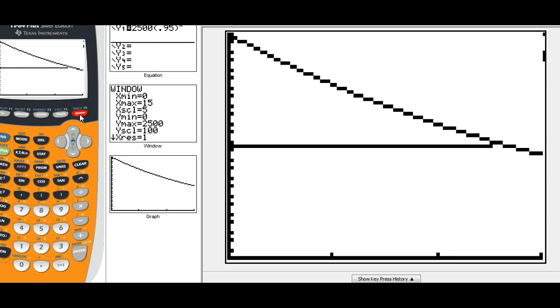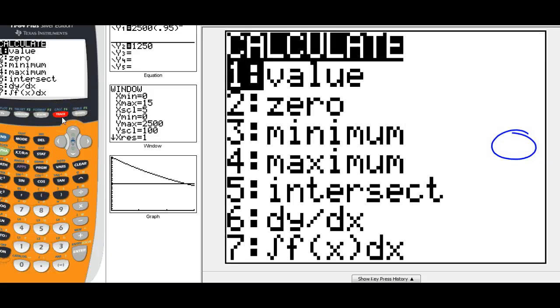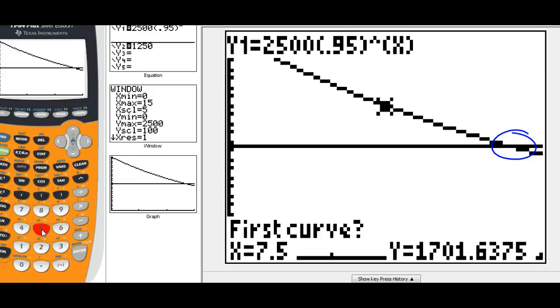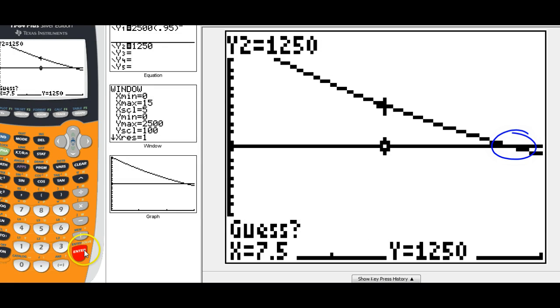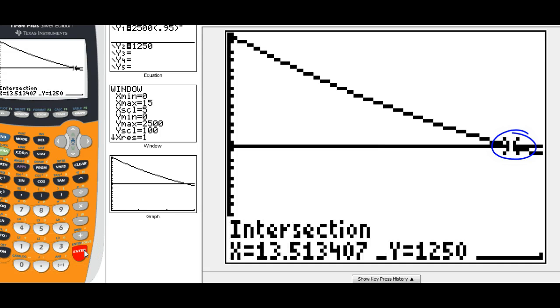Press graph, and we can see that it just barely fits in our viewing window. Had the intersection point not shown up in our viewing window, we would have had to expand our viewing window to make sure we saw that point of intersection. But because it's there, we just have to go second function, calculate, number 5, the point of intersection. I've only got 2 curves, so I just have to press enter 3 times, and there's only 1 point of intersection, and there it is, after 13.5 years.